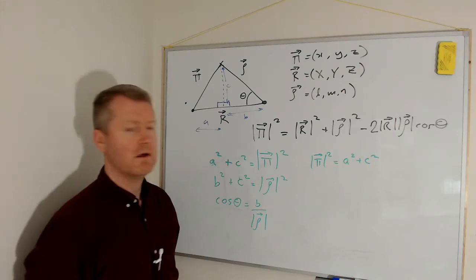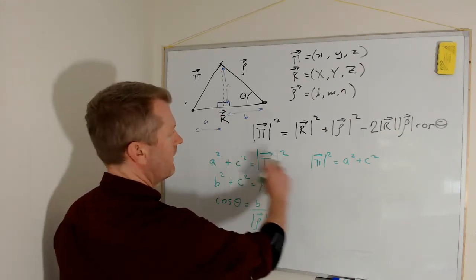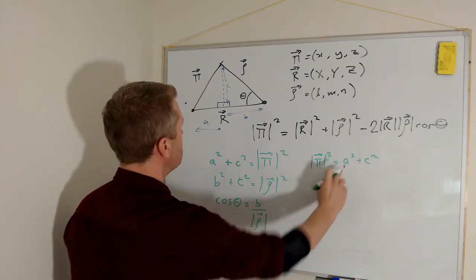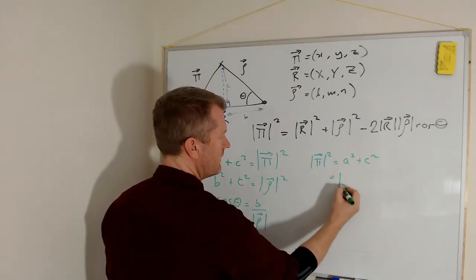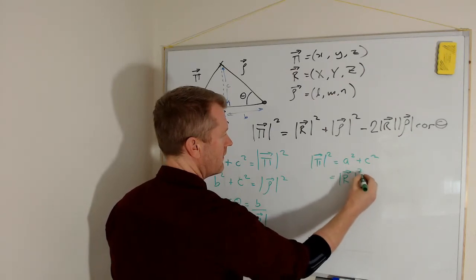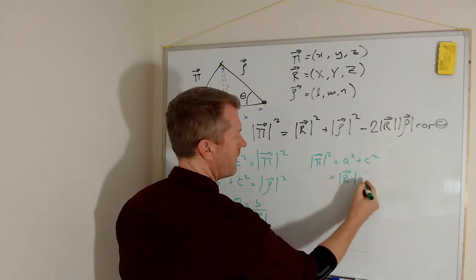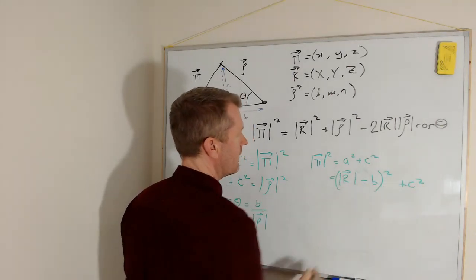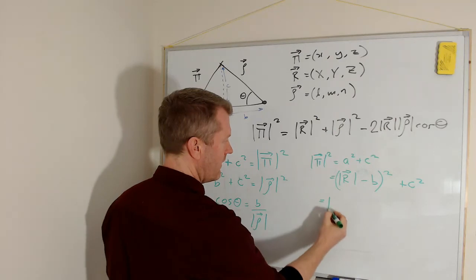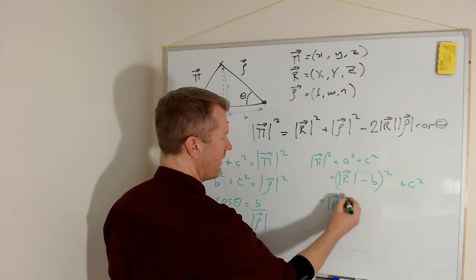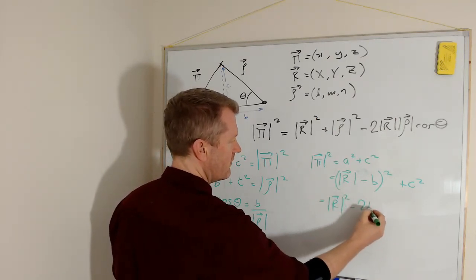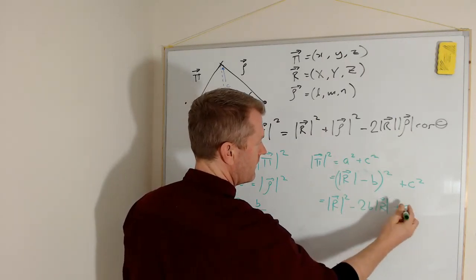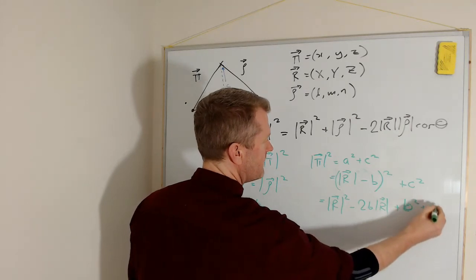Okay, so now we can write A in terms of R and B. Now we multiply that out, we get mod of R squared minus 2BR plus B squared plus C squared.